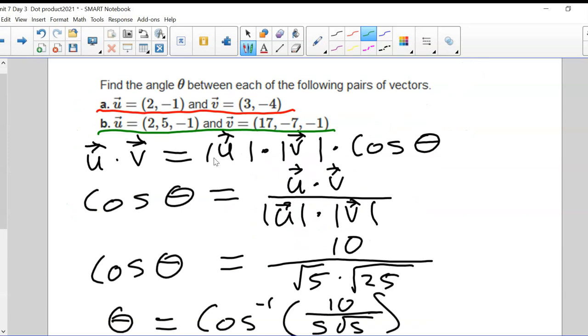When I asked you to find the dot product of these two vectors, you take the 2 times the 17, the 5 times the -7, the minus 1 times the minus 1, and you just add those numbers together. Okay, Brendan, does that help you out?